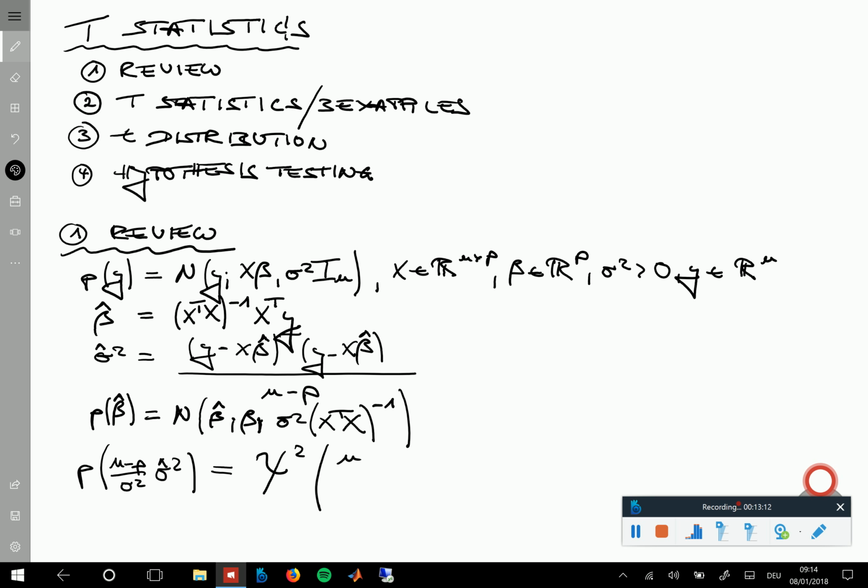So this thing is n minus p sigma square hat, and this chi-square distribution just has one parameter, namely the degrees of freedom, and the degrees of freedom parameter is given by n minus p, so a single number. So if you have 10 data points and 2 parameters or 2 effects that you want to estimate, then the degrees of freedom are 8.